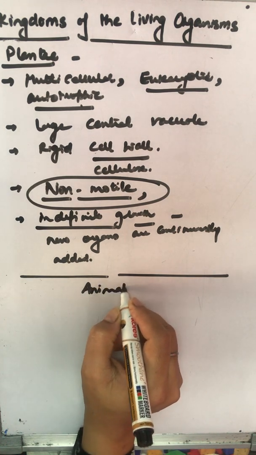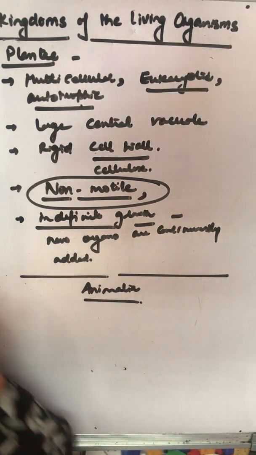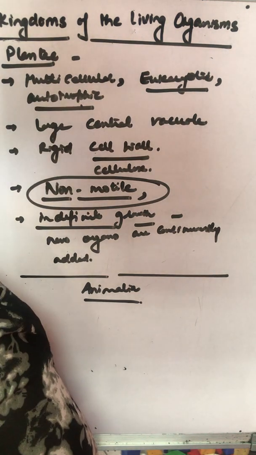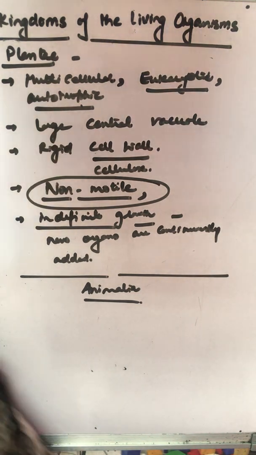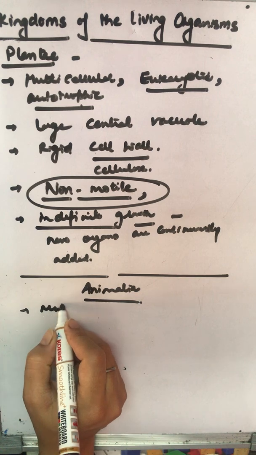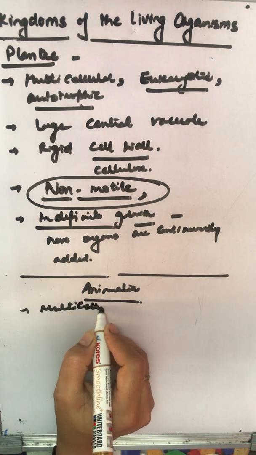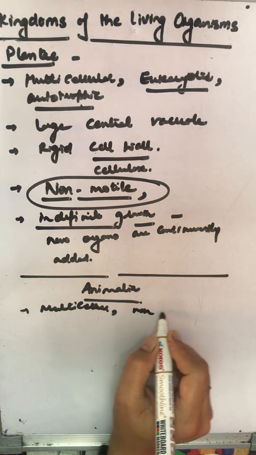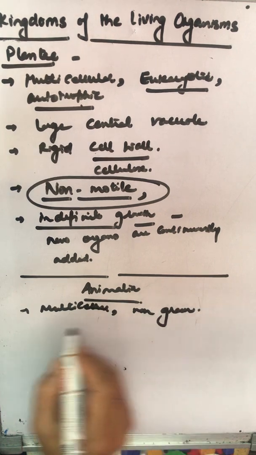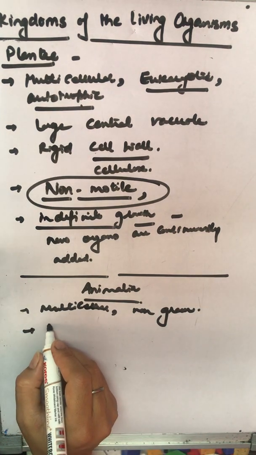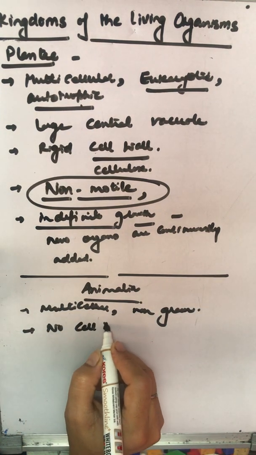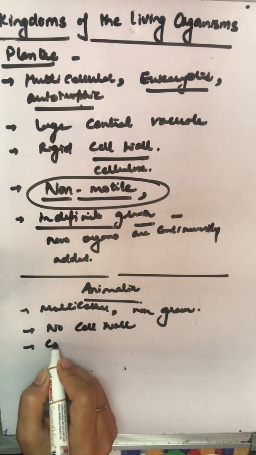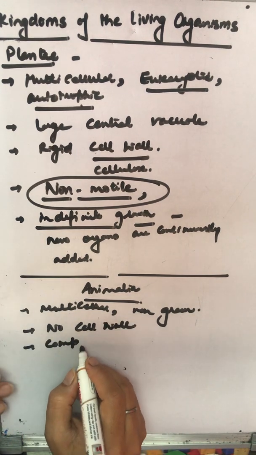When we say Animalia, we know the basic characteristics of all animals: they are multicellular, non-green, they do not have a cell wall, and they show complexity of organization.